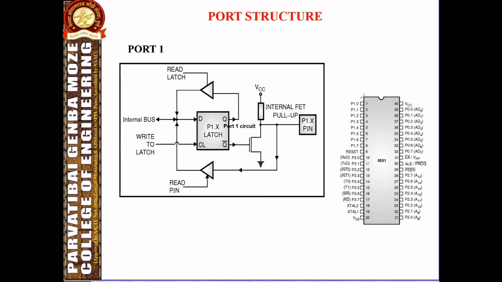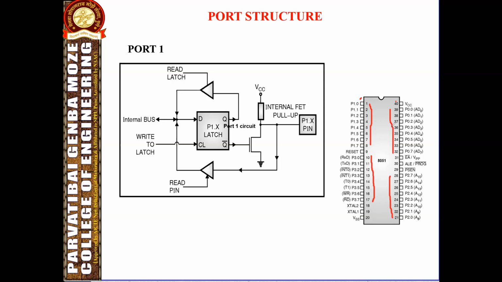See here the pin diagram, pins 1 to 40. There are a total of 40 pins, in which 32 pins are set aside for the 4 ports. This is port 0, this is port 1, port 3, and this one is port 2.